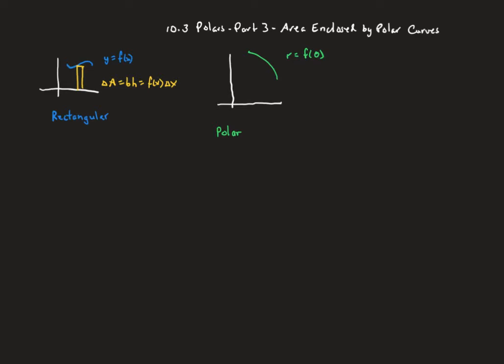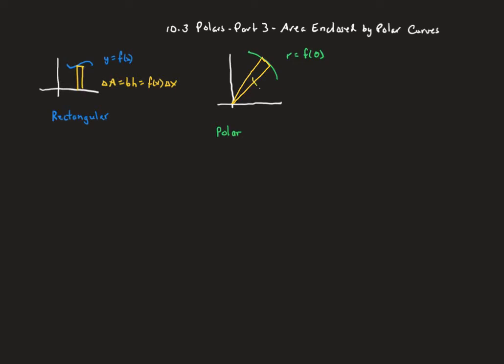So we're going to try to do a similar thing in polars. If you look at the second figure there, where you have the polar curve in green, remember thinking like we do with sweeping through Doppler radar, instead of a delta x, we're going to get a little thin angle here.